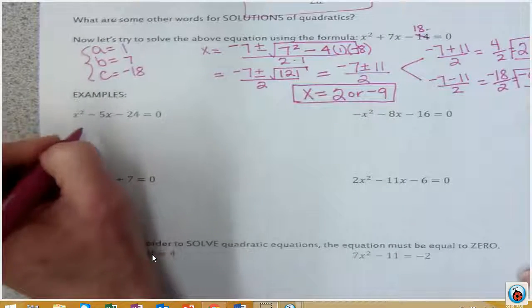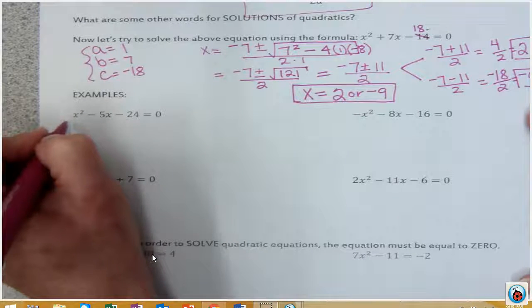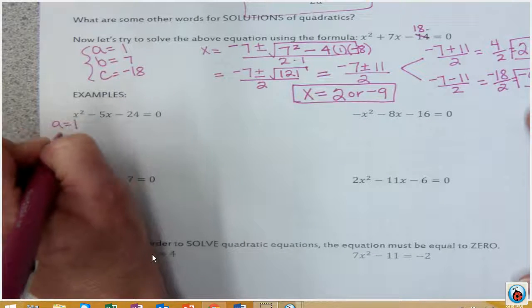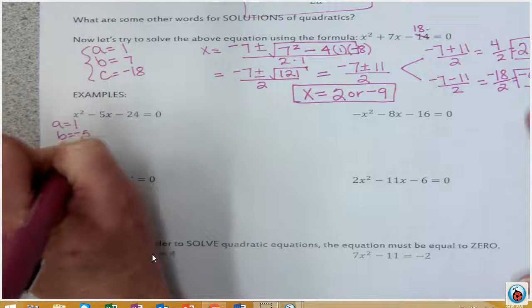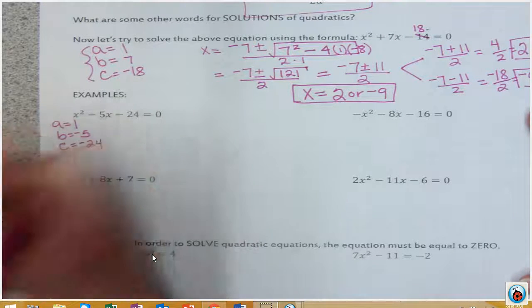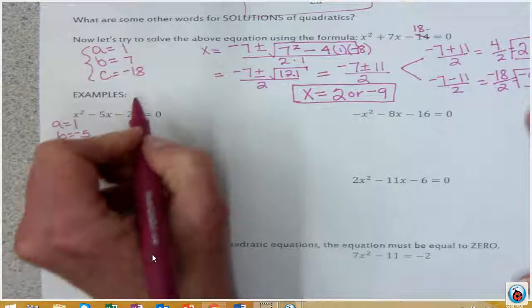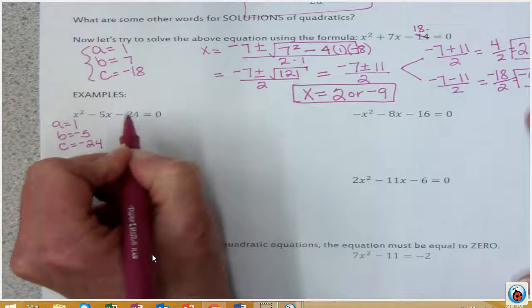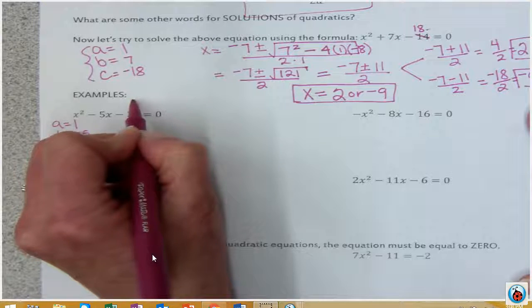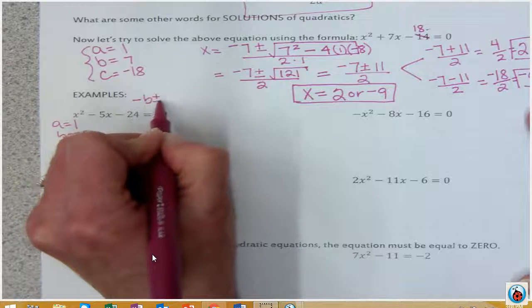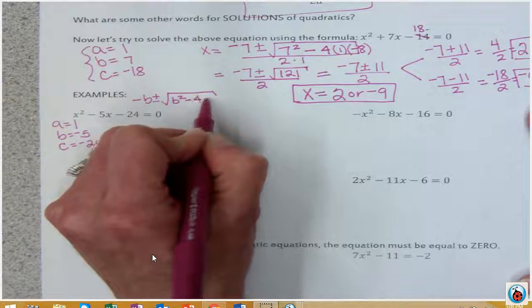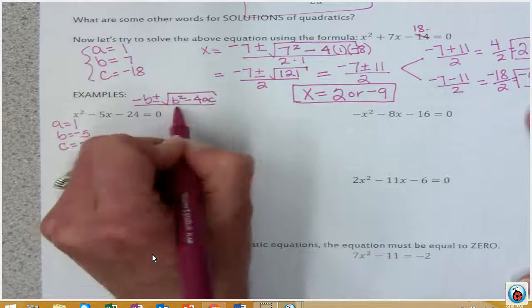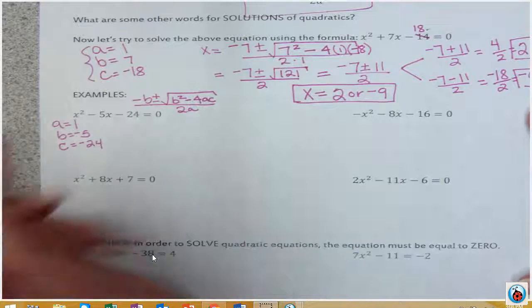This one, my A value would be 1, my B value would be -5, my C value would be -24. So I'm going to plug that into my quadratic formula, which is -b plus or minus the square root of b squared minus 4ac divided by 2a.